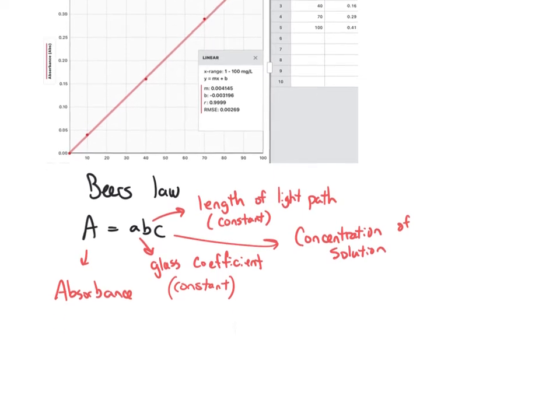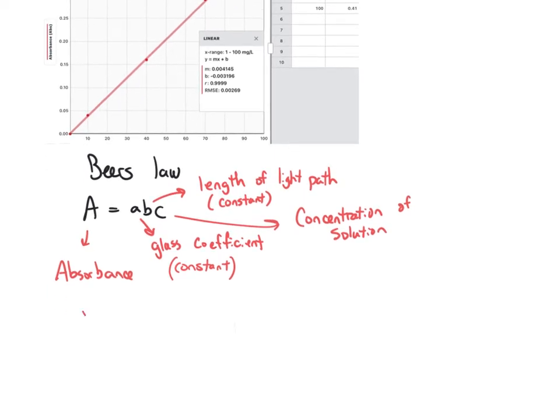Beer's law is set up to equal y equals mx plus b, where y is the absorbance, m is a combination of a times b together, x is the concentration, and b is the y-intercept, but we said that's plus 0. Beer's law always has plus 0 as a y-intercept. So essentially, the absorbance is proportional to the concentration in a linear fashion.